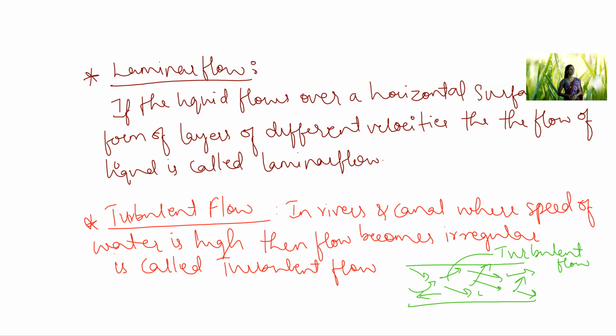Turbulent flow means you can take the example of a river or a canal. In a river or canal, the speed of the water is high. Therefore, the water moves with irregular shape, and all the particles are not having constant velocity, they are moving with different velocity, therefore it is called turbulent flow.